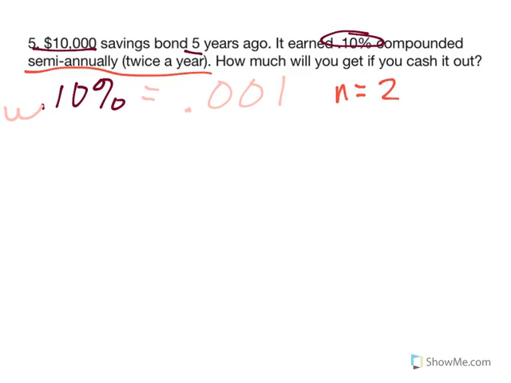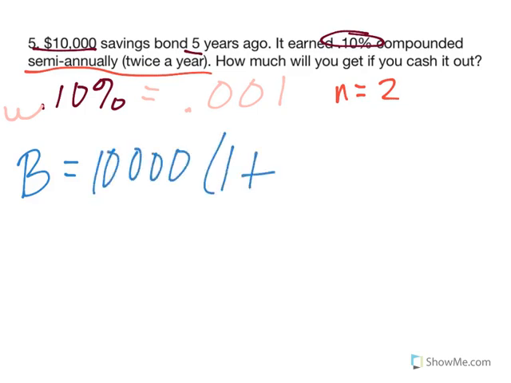So now that we have that information, let's go ahead and plug it into our formula. So our $10,000, 1 plus our rate of 0.001 over 2. Rate divided by n, raised to the n times t power. So 2 is n, t is 5. Again, use your order of operations inside your parentheses, raise it to the exponent of 10, because 2 times 5 is 10.